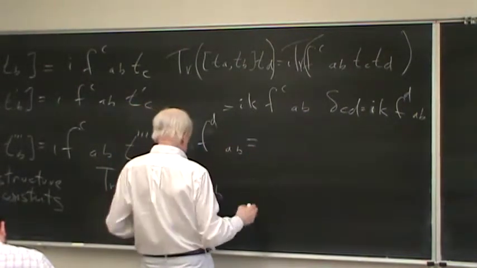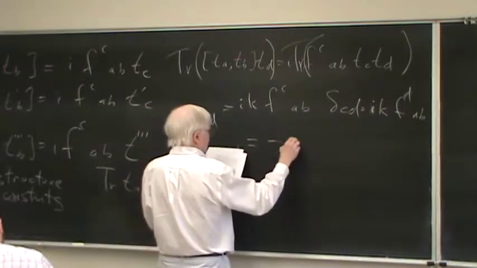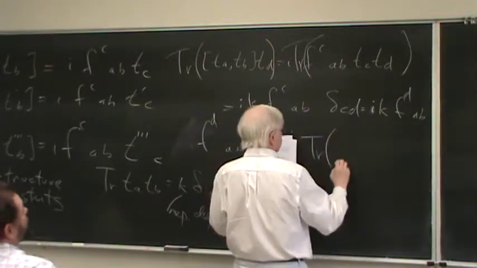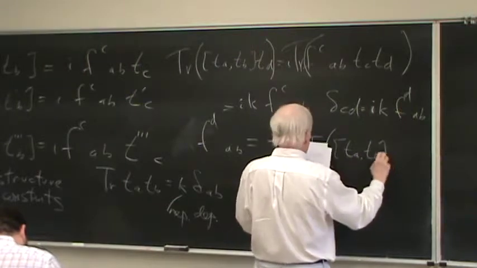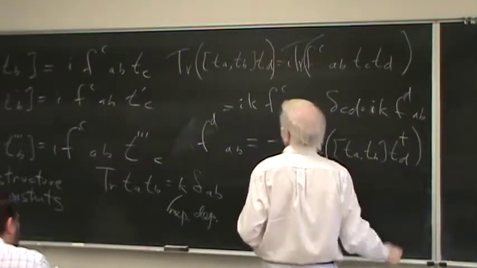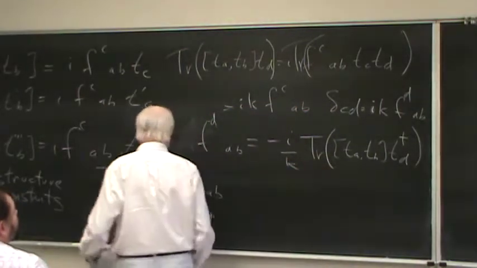F^{DAB} is then, let me just copy it from the notes. It is minus i over k trace of the commutator of T^A with T^B, and then T^D adjoint. Okay, I made a mistake.